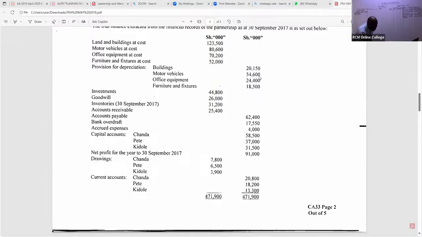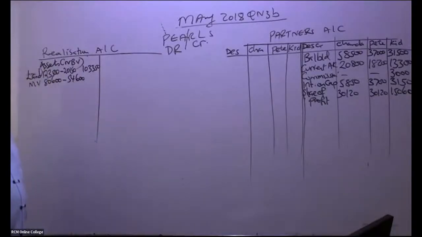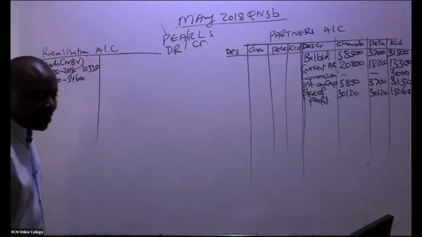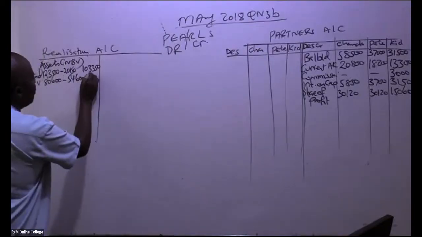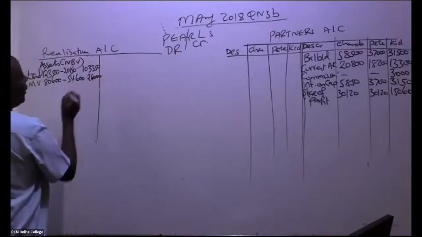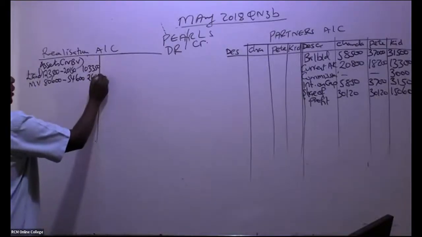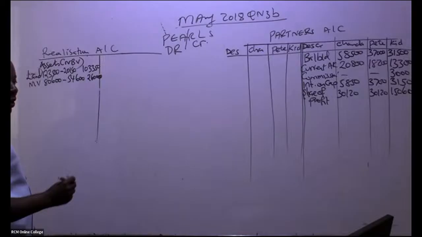It is 54,600. So is there any student who can give me a number to write for motor vehicles? I'm being given 26,000. Thank you so much. Great. We are doing very well.